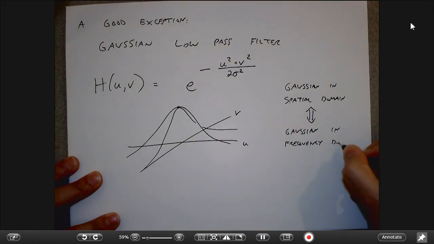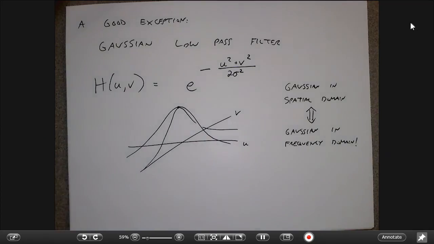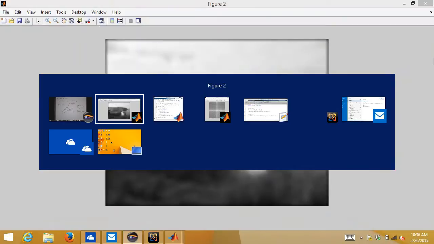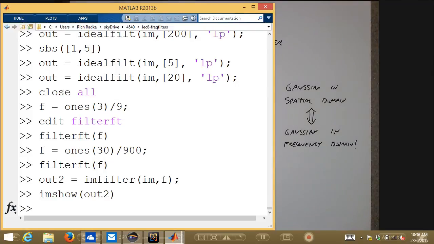That's a really nice property of Gaussian distributions. And that means that I can have smoothing that is nice in both worlds. Okay? So for example, let's look at how that works. So here, I have a function that lets me do a Gaussian low-pass filter.